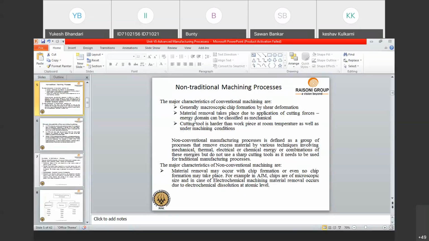In another non-traditional process, electrochemical machining, material removal occurs due to electrochemical dissolution at the atomic level. These are the differences from conventional machining processes.